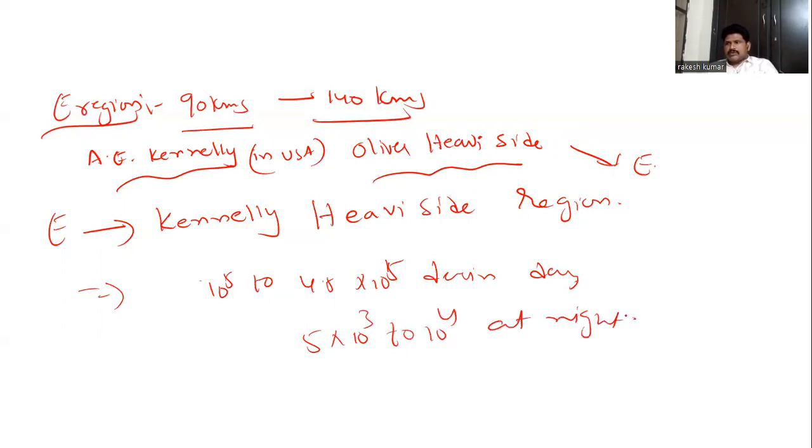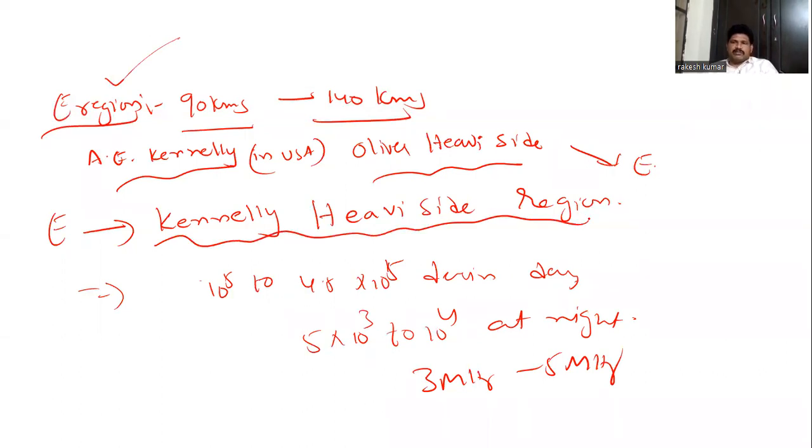This is maximum in the afternoon. The critical frequency of the E layer is up to 3 megahertz to 5 megahertz. What is the other name of the E region? It is also called the Kennelly-Heaviside region.